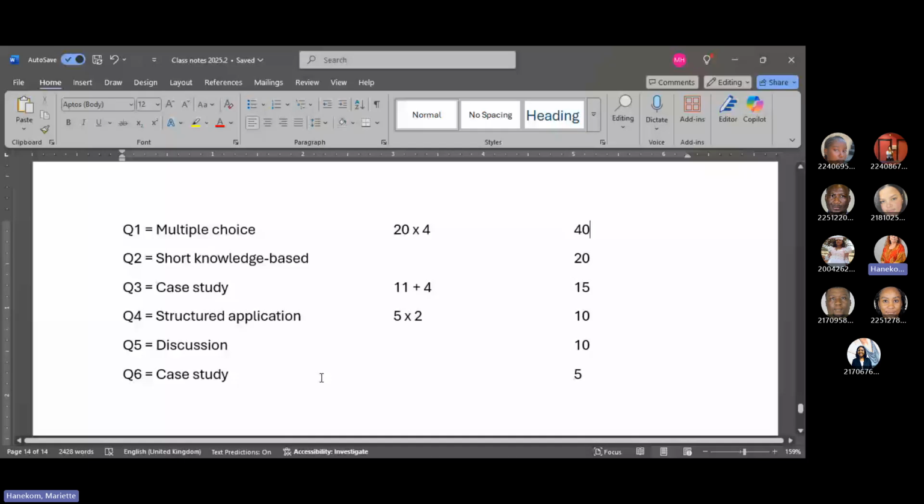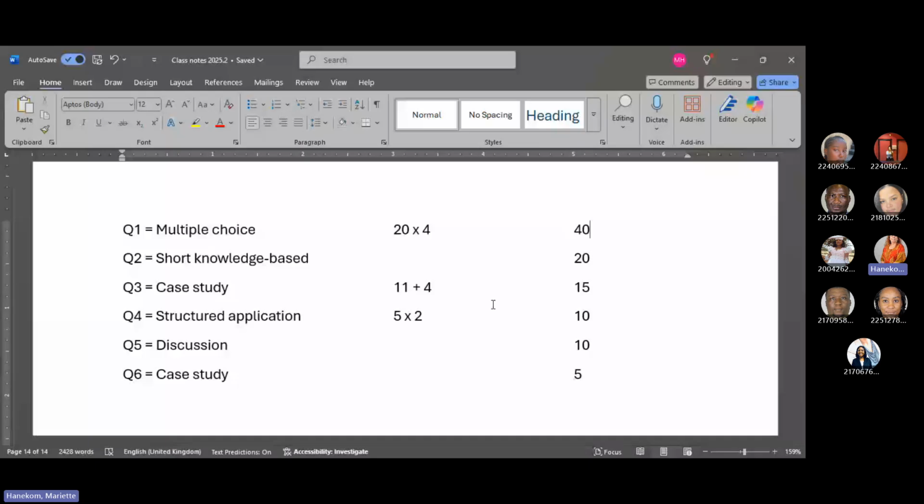Question 2, short knowledge-based questions. Straightforward studying, not application, just theory. What's your mark allocation?